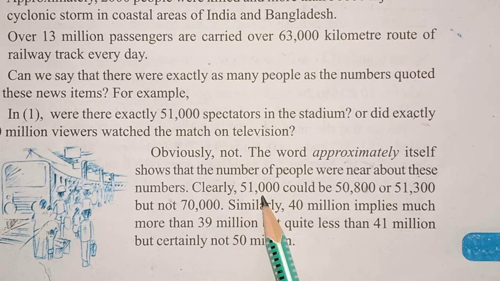Clearly 51,000 could be 50,800 or 51,300, but not 70,000. Similarly, 40 million implies more than 39 million, but quite less than 41 million, but certainly not 50 million.